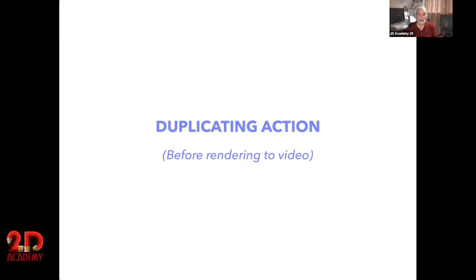I just wanted to show you how to do that. So here's a short video I made just to indicate how you can duplicate it before you render it. Instead of just doing one action and back to the beginning and then leaving it on your video, you can actually do 2, 3 or more repeats of it on the same video. So this will show you how to do that.